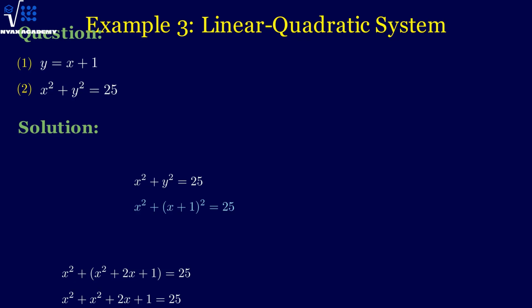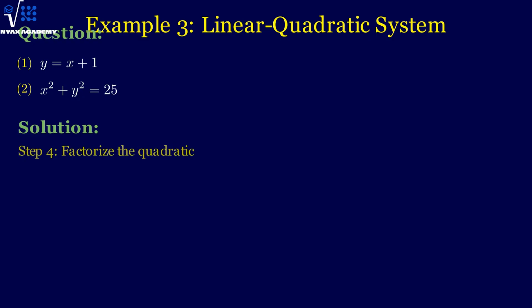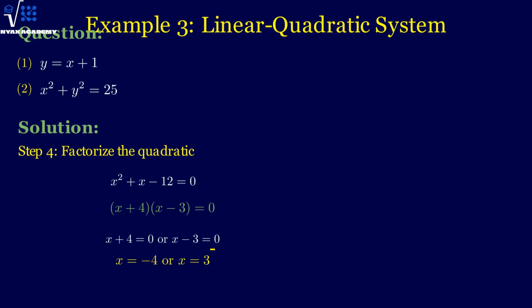Now the next step is to factorize our expression, and x squared plus x minus 12 can also be written as x plus 4 times x minus 3 is equal to 0. Equating the factors to 0, we get x is equal to minus 4 or x is equal to 3.